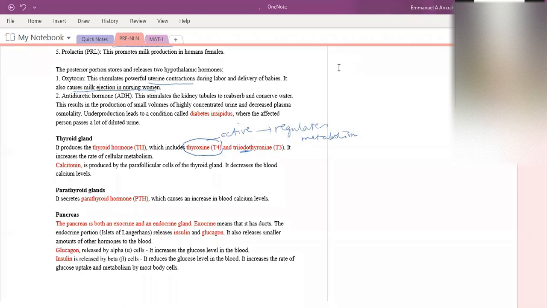Hello, Jasmine. Can you see what's going on? Okay. Everybody can see the screen, what I'm writing?